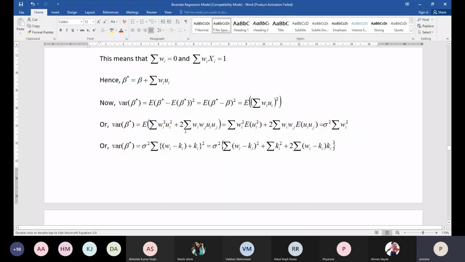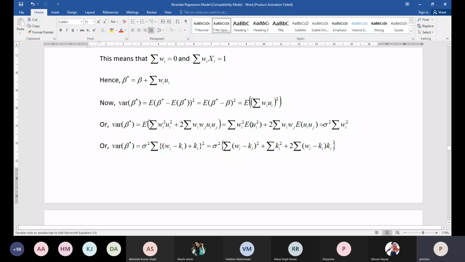Now, if we take the operator of mathematical expectation inside the summation, then we'll get summation of wi expectation of ui square plus 2 into summation of wi wj into expectation of ui uj. And we know that by assumption, this is nothing but sigma square. I'm getting sigma square summation wi square.